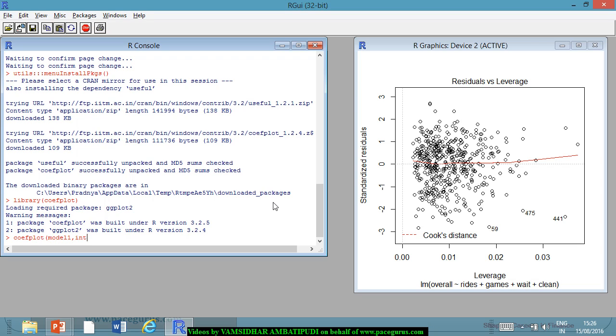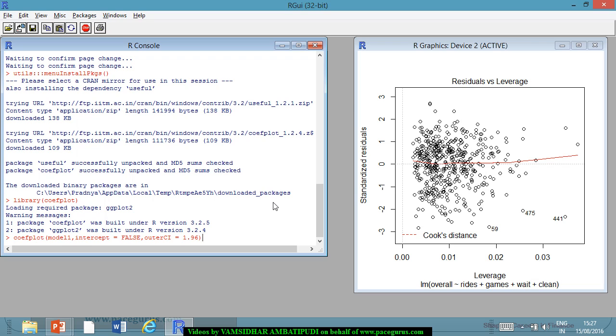In model 1 I really don't need the intercept term, so I set intercept to false, which means it will plot only the coefficients. I can also set the confidence interval by using outerCI. outerCI is 1.96, which says that I'm going with plus or minus 1.96 times the standard error as the definition of the confidence interval. Because I want a 95% confidence interval, I'll set it to 1.96.